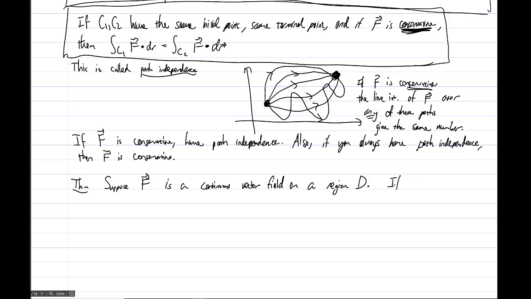So then if the integral over C of F dot dr is independent of path in D, then F is conservative.